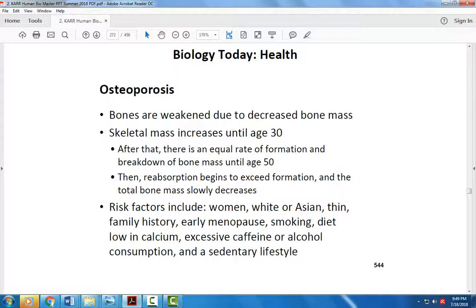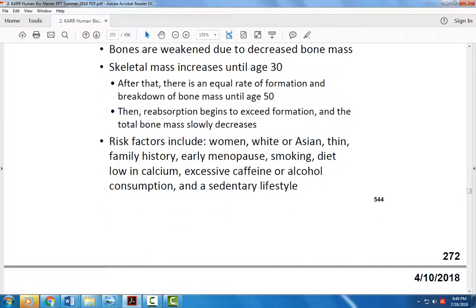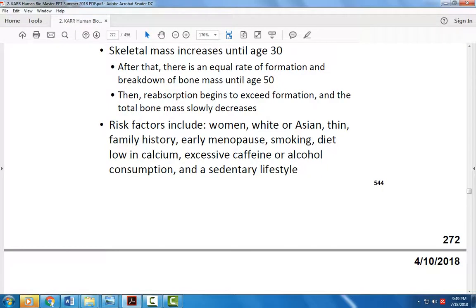Because when an elderly woman breaks a hip and ends up hospitalized for a long time and is very weak and then has to go to a nursing home, oftentimes they will become so deconditioned that they don't recover and they pass away. So hip fractures can be a major cause of death for people that are very thin and are not healthy, again, as a result of poor diet, smoking, alcohol, and caffeine.